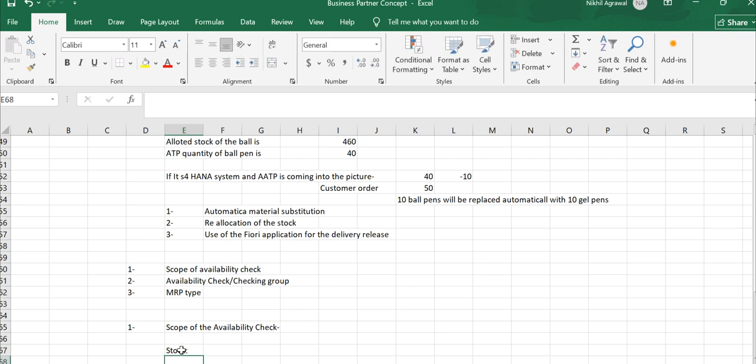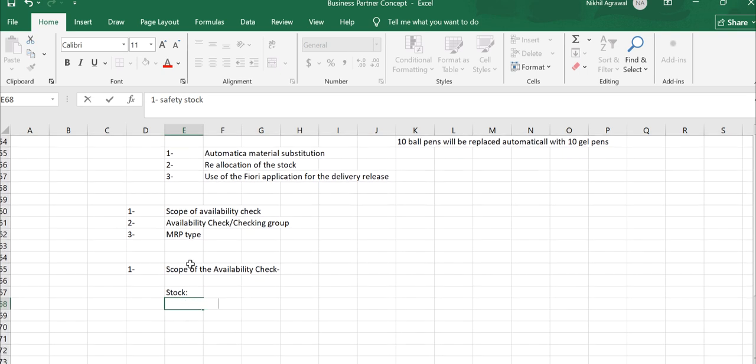First is safety stock, guys. Safety stock is the minimum reserved stock available in SAP.